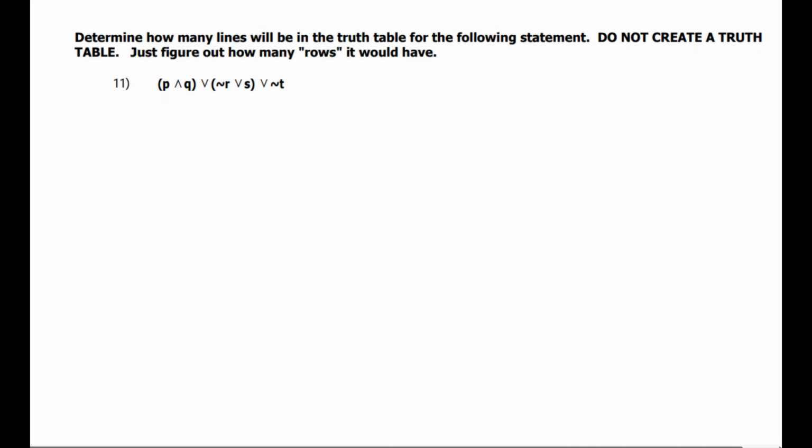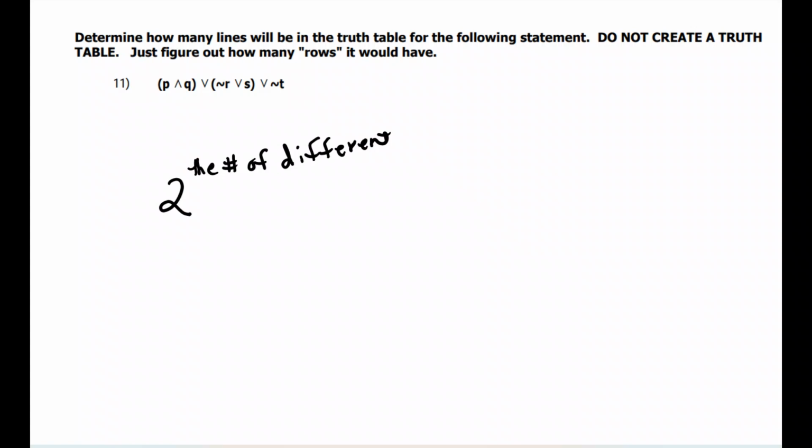All right, on this one, all I want you to do is determine how many lines would be in a truth table. You don't have to do the truth table, just figure out how many rows it would have. If you remember, it's going to be 2 raised to the number of different variables.